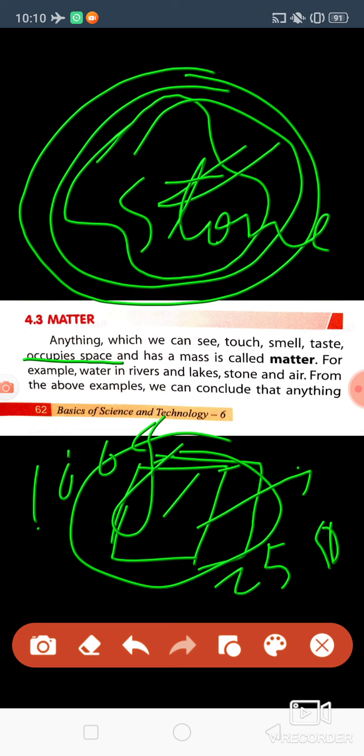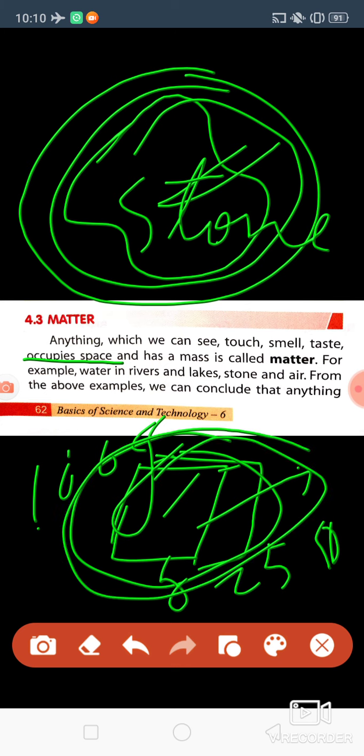So it is having some mass and it is occupying this much space. So we can say the book is also matter. Whatever you are looking at around you, everything is matter. Why? Because we can touch it, we can see that it is occupying space and it is having mass.